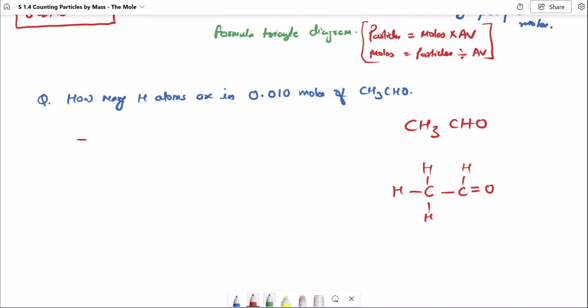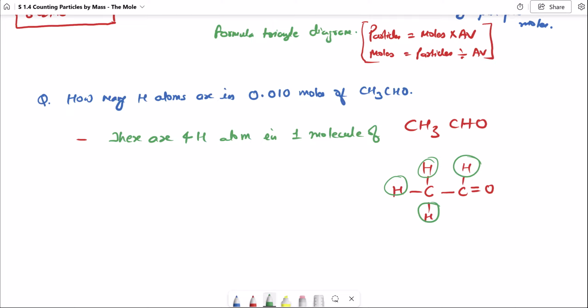We have hydrogen 1, 2, 3 and 4. So there are 4 hydrogen atoms in one molecule of CH3CHO, right?